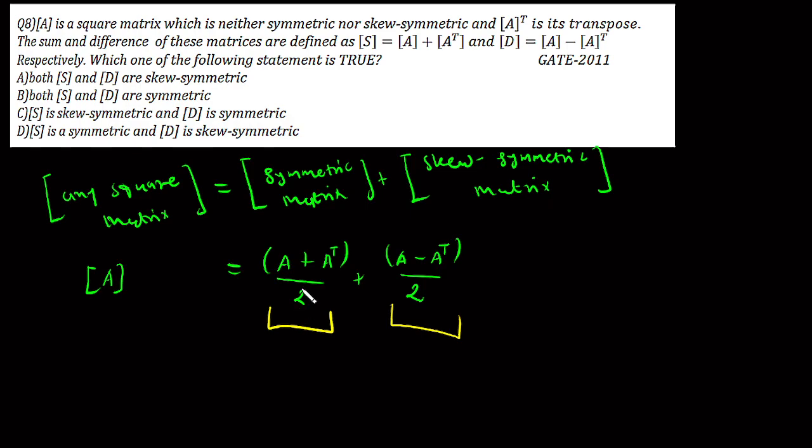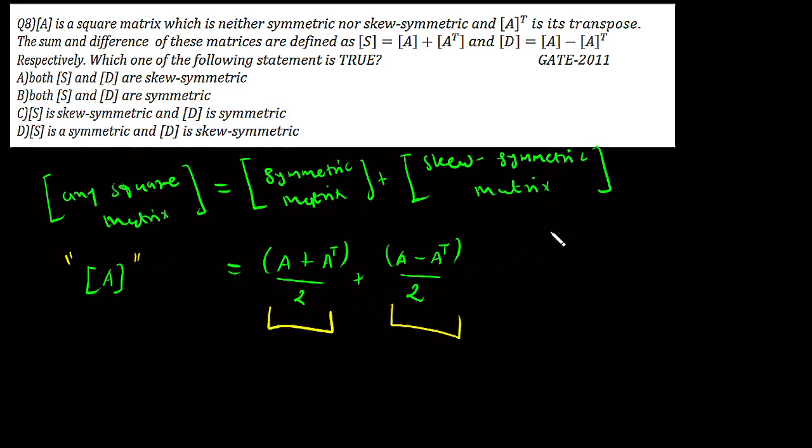But the 1/2 factor is placed here so that the left hand side gives again A. If you simplify this, the 1/2 A transpose and minus 1/2 A transpose will cancel out, and 1/2 A plus 1/2 A will again give me the initial matrix A. That's why the factor 2 is placed here.